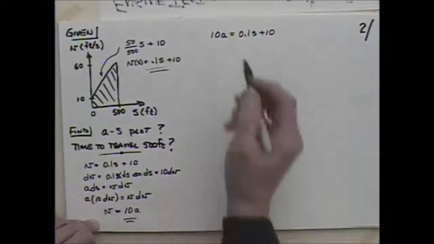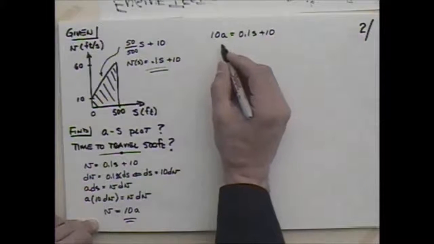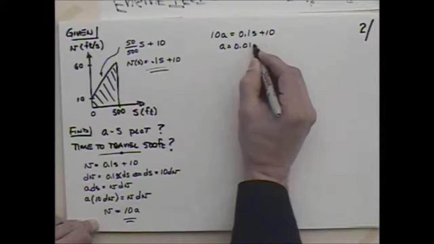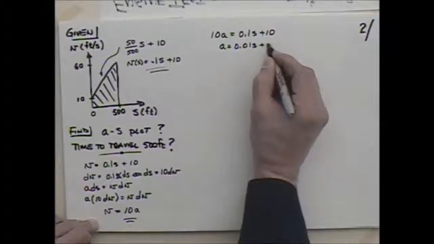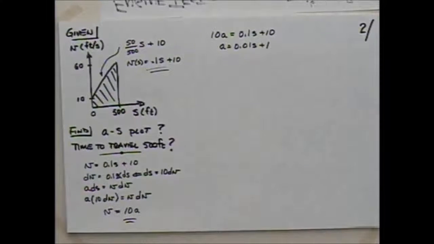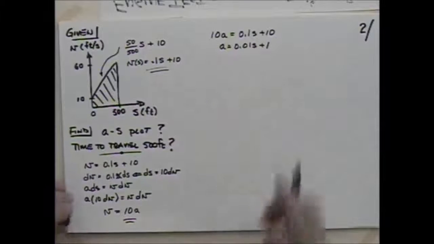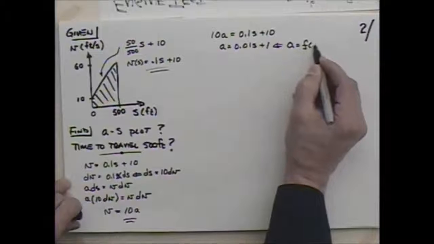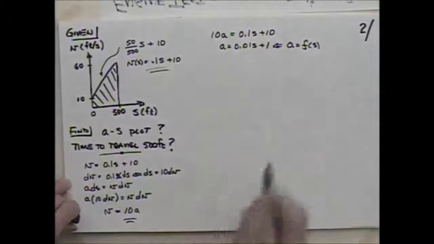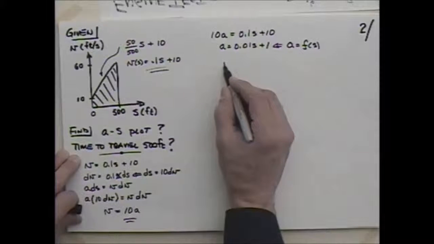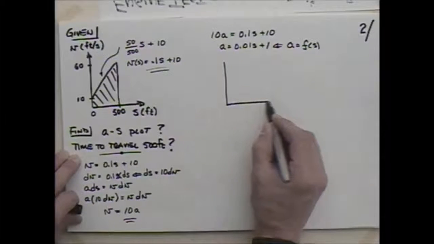So if I solve for a, I can divide that again by 10, and a is equal to 0.01 s plus 1, dividing by 10. So that is a as a function of s, isn't it? That's what I'm looking for with the plot. So I should be able to plot that thing. So let me make this plot then.